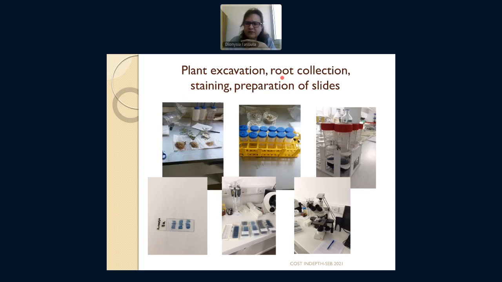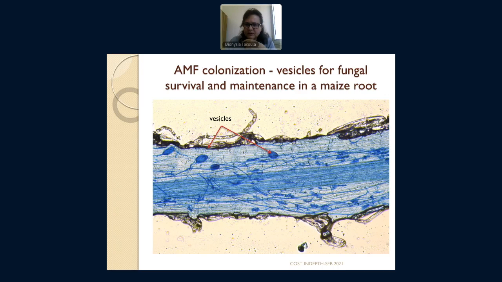Plants were excavated, roots were washed, collected, stained, preparation of slides, etc. This is the work of my colleague, Michalis Omirou.